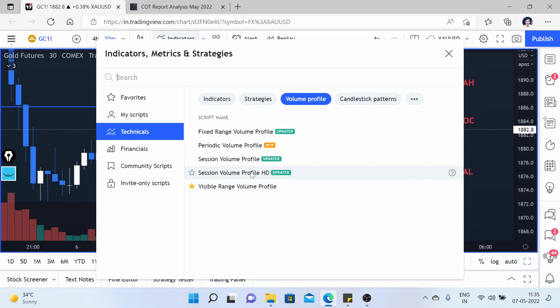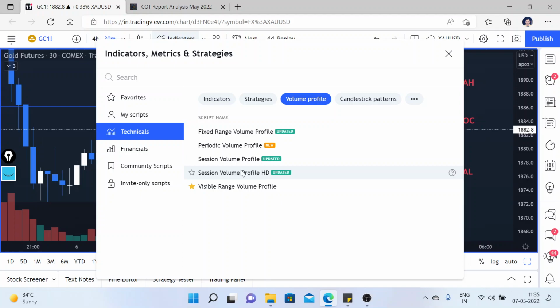But for this I'm just going to introduce how to read the volume profile and what the basic terms are, or the method that we have to focus on for opening any trade or to confirm the entry before any trade. So for this video I'm going to use the Session Volume Profile HD, this one.